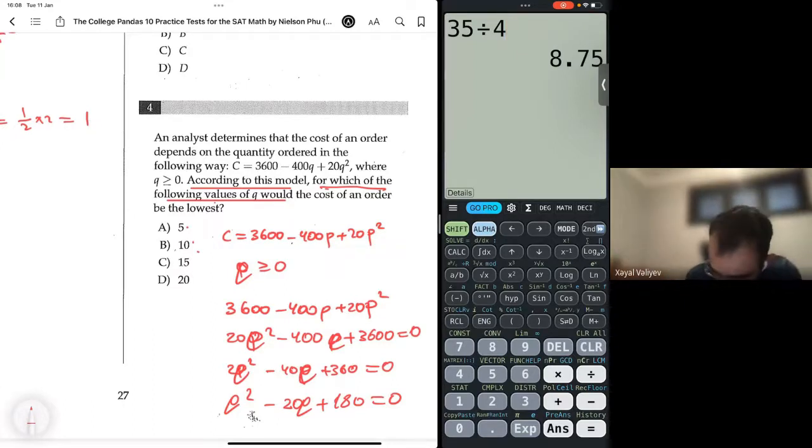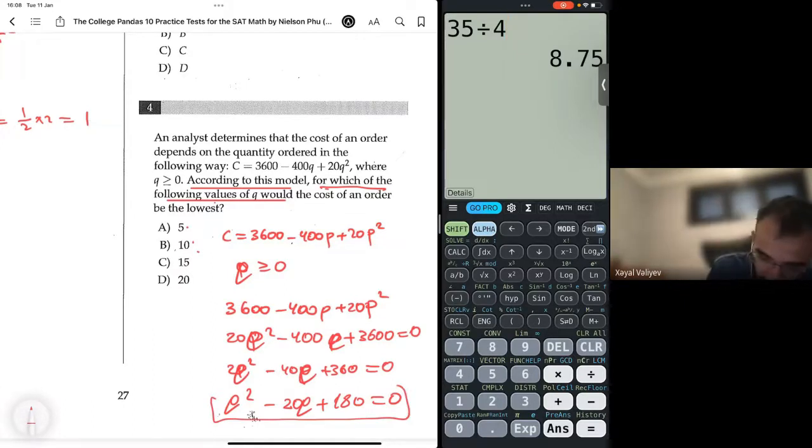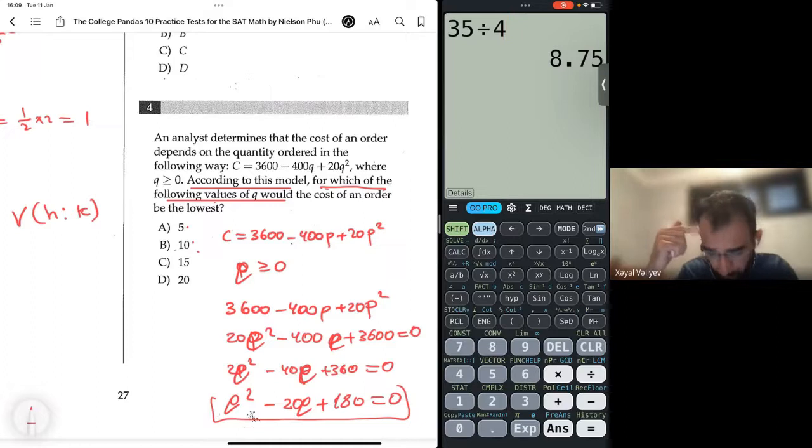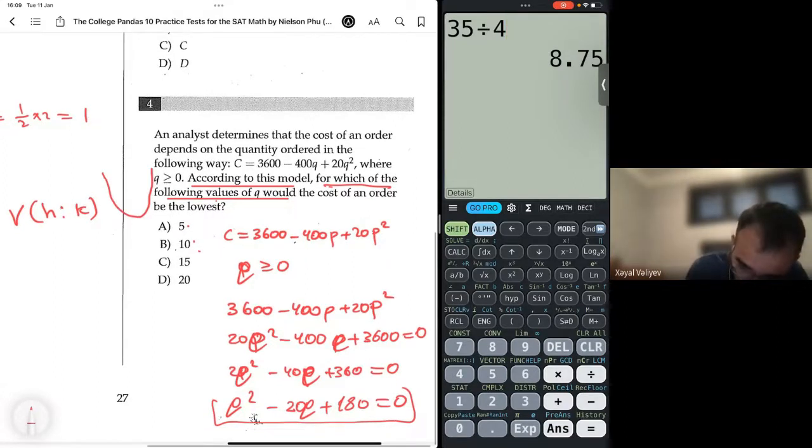This is a quadratic expression, and a quadratic expression has a vertex. Just a reminder, a quadratic can be concave up or concave down. Whenever it is concave up, we can talk about its minimum value.